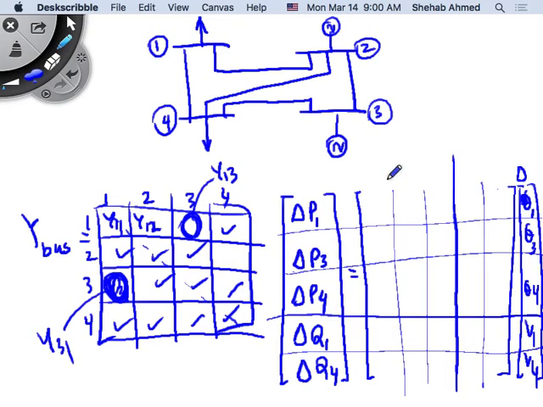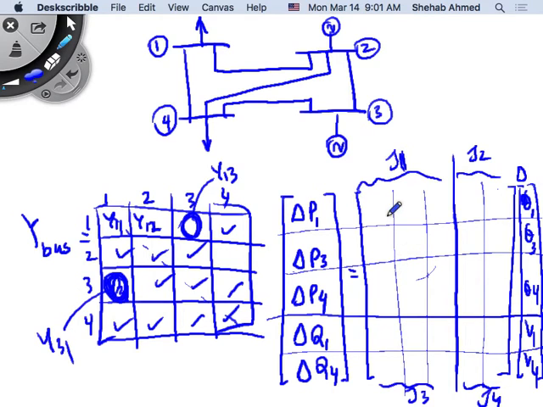Right? And this is now my J1, right? This zone is the J1, this is the J2, J3, and J4. Okay? Where are my zeros?